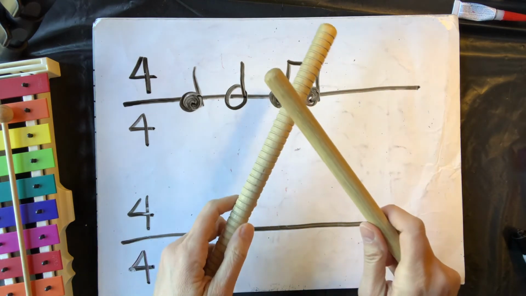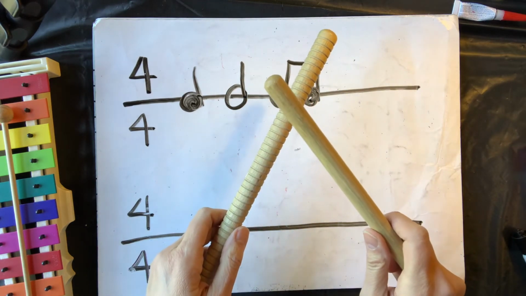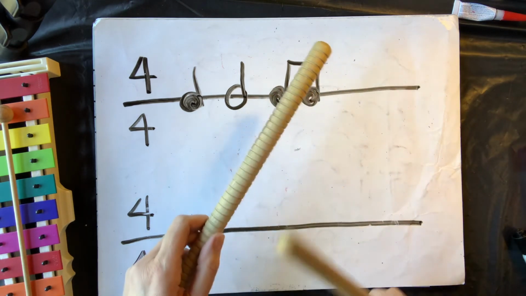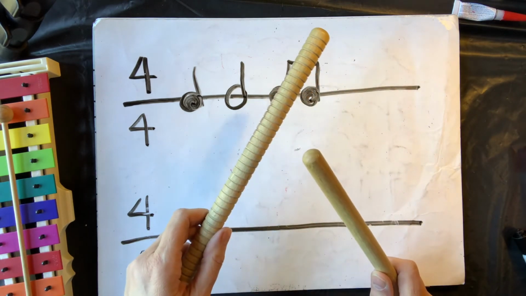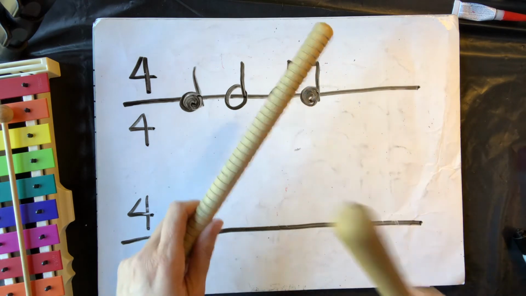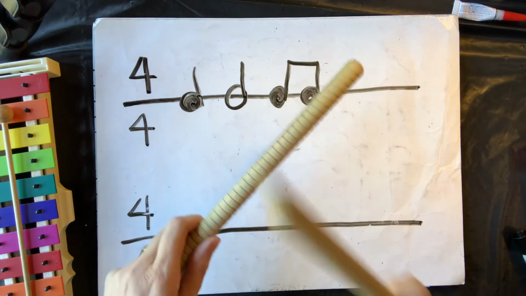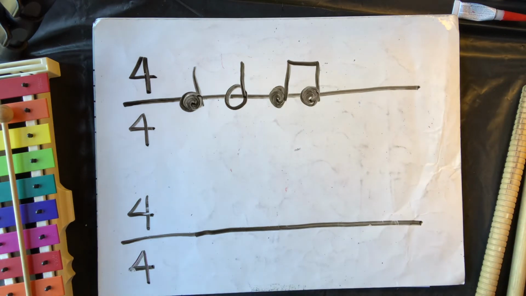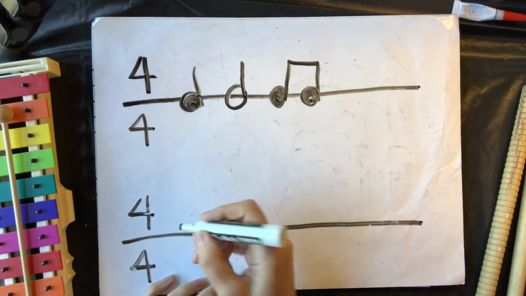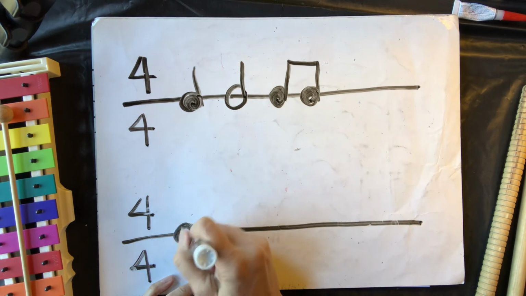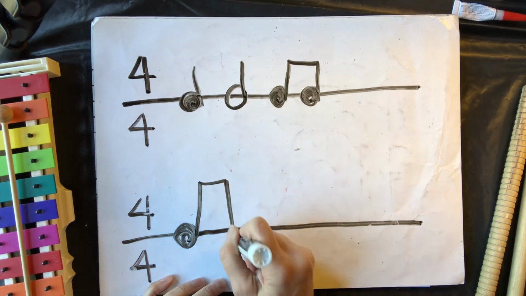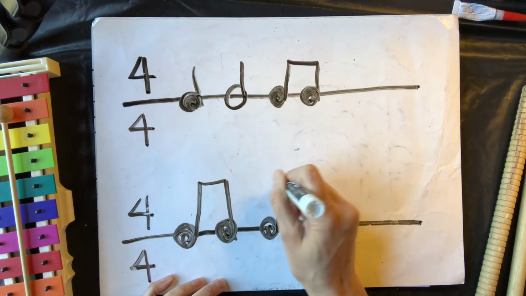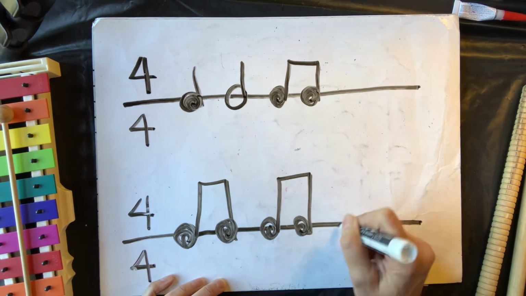Okay, here we go. 1, 2, 3, 4. 1, 2, 3, 4. What you should have recorded is ti-ti, ti-ti, ti-ka ti-ka.